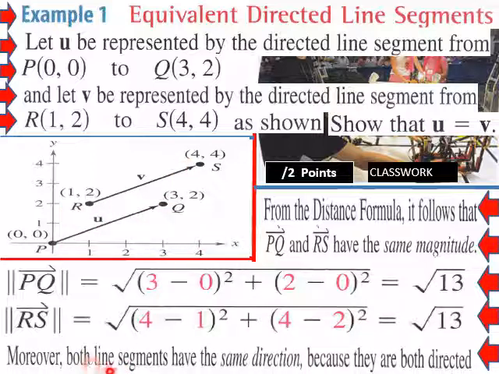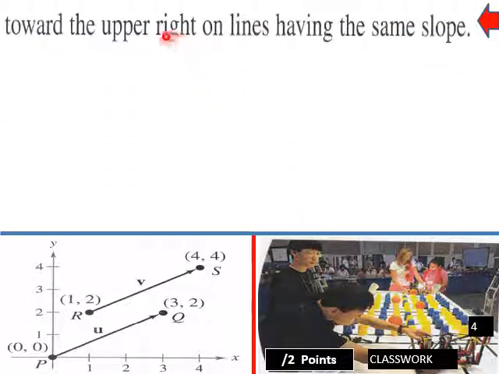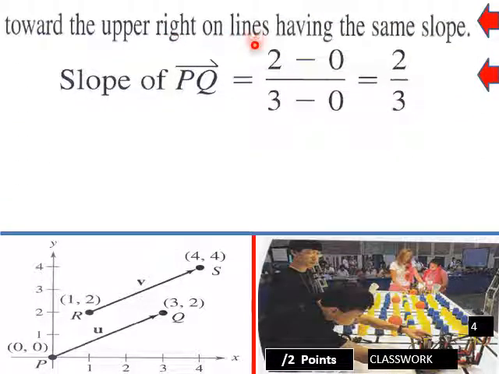Moreover, both line segments have the same direction because they are both directed toward the upper right on lines having the same slope. So the slope of PQ, which is right here, we can find using 2 minus 0 over 3 minus 0, which is 2/3.